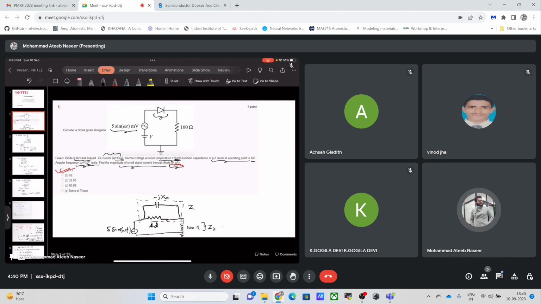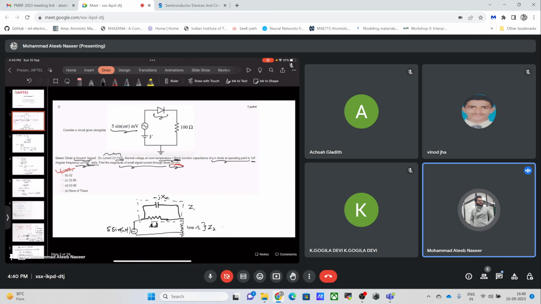Whenever we bias this diode, as given in the problem itself, this diode is forward biased. So the DC current through this is some 13 microampere.